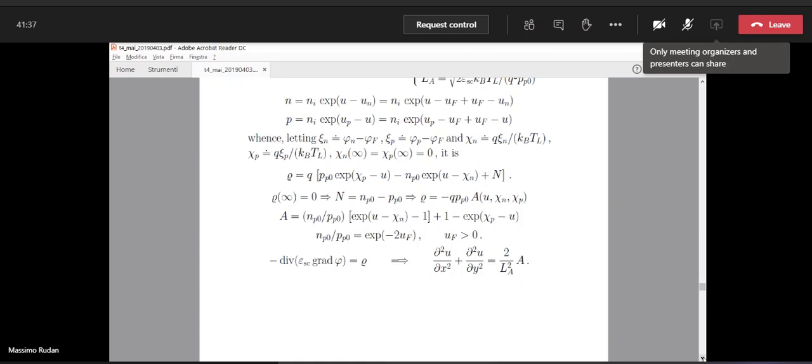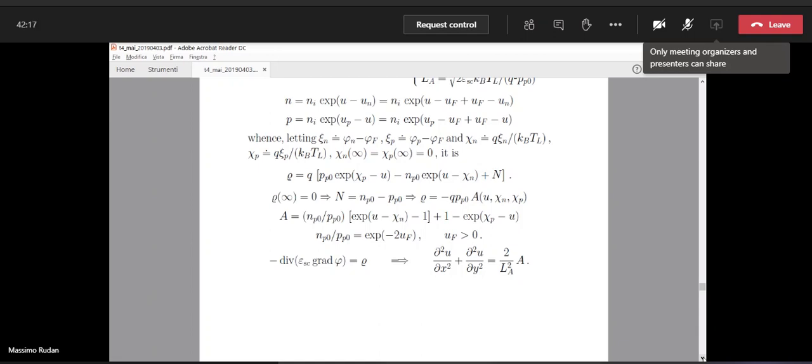And if you remember the analysis that we have done 10 minutes ago, this is equivalent to say that in the expression of the Poisson equation that is visible in the last line of the page, the second derivative of u with respect to y is negligible with respect to the second derivative with respect to x. Okay, so this is the important simplification that we can introduce when the channel is well formed.